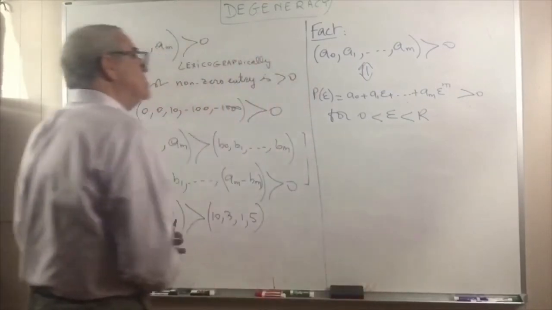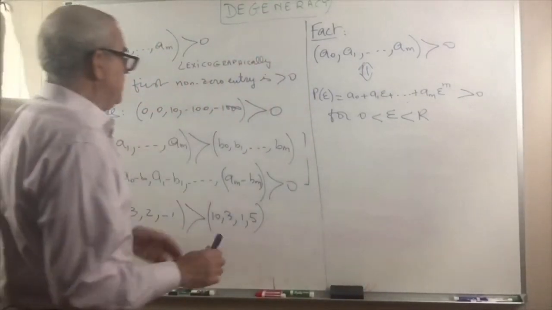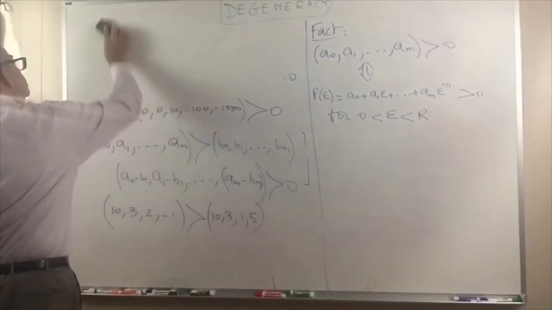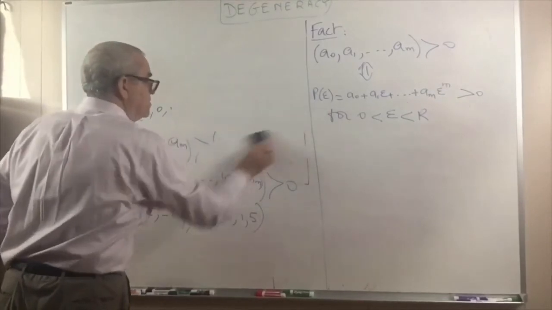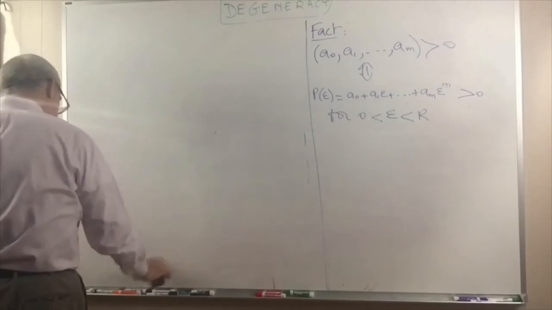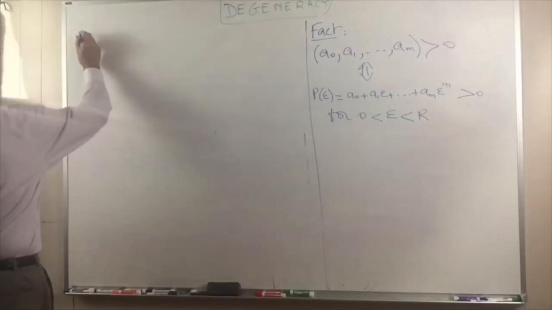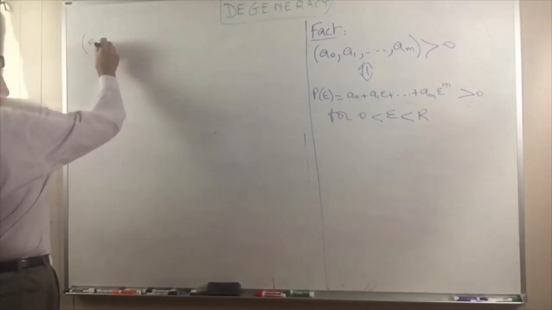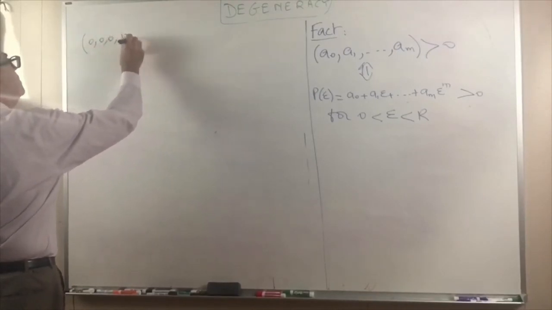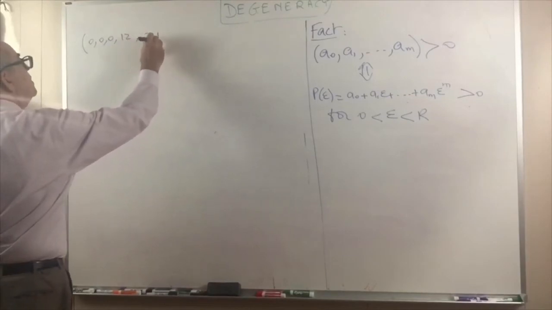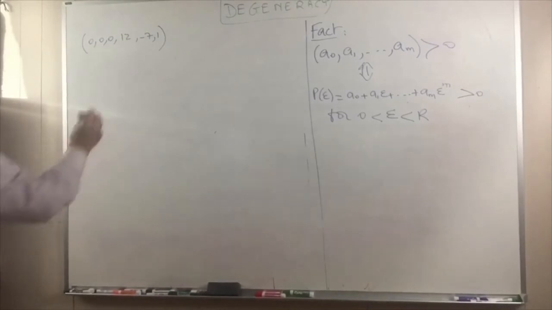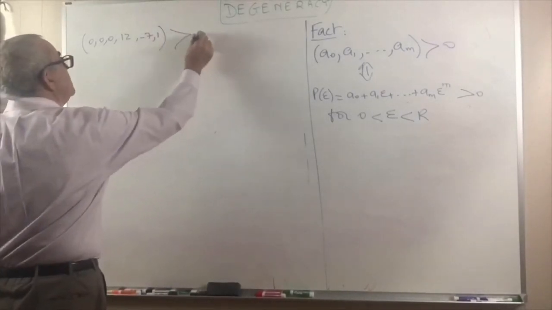This fact is very easily proven, so I'm just going to do an example. It's a trivial fact to prove. Let me take 0, 0, 0, and let's say here I take 12, minus 7, and 1. This vector is lexicographically greater than 0, right?